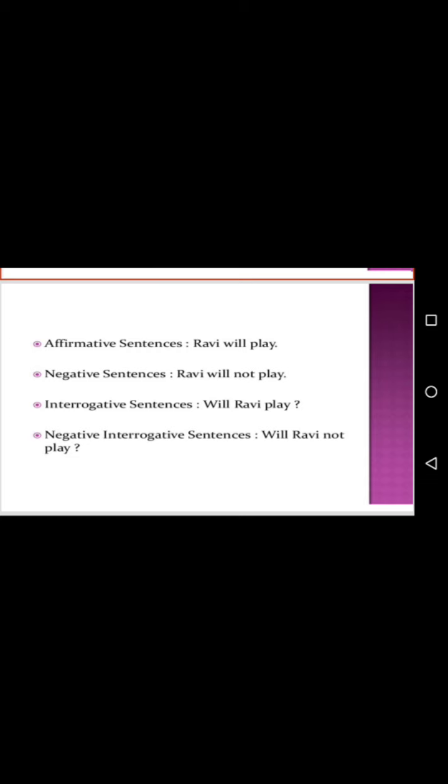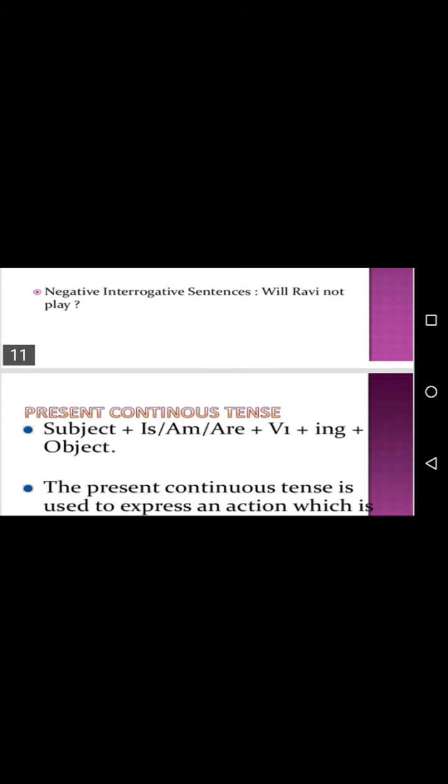Negative, Ravi will not play. Interrogative, will Ravi play? And negative interrogative, will Ravi not play? And will can be used with all the subjects. Otherwise shall is mostly used with I or we. But nowadays we can use will with all the subjects.